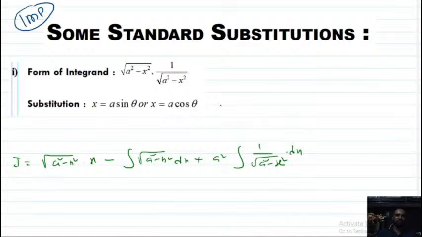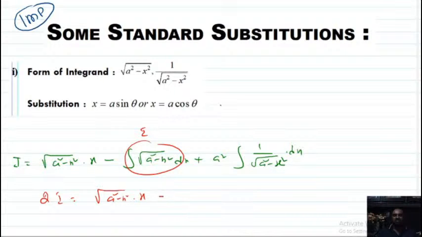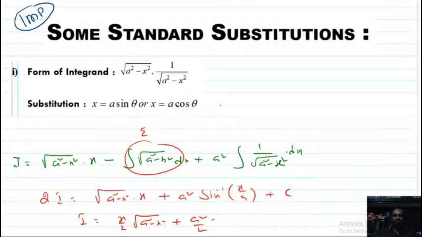Okay, now instead of this I can write I, transfer that side, 2I equal to root over a square minus x square into x plus a square into, what is it directly, sine inverse of x by a only, plus c. Final I am writing, I equal to x by 2 into root over a square minus x square plus a square by 2 into sine inverse of x by a plus c.